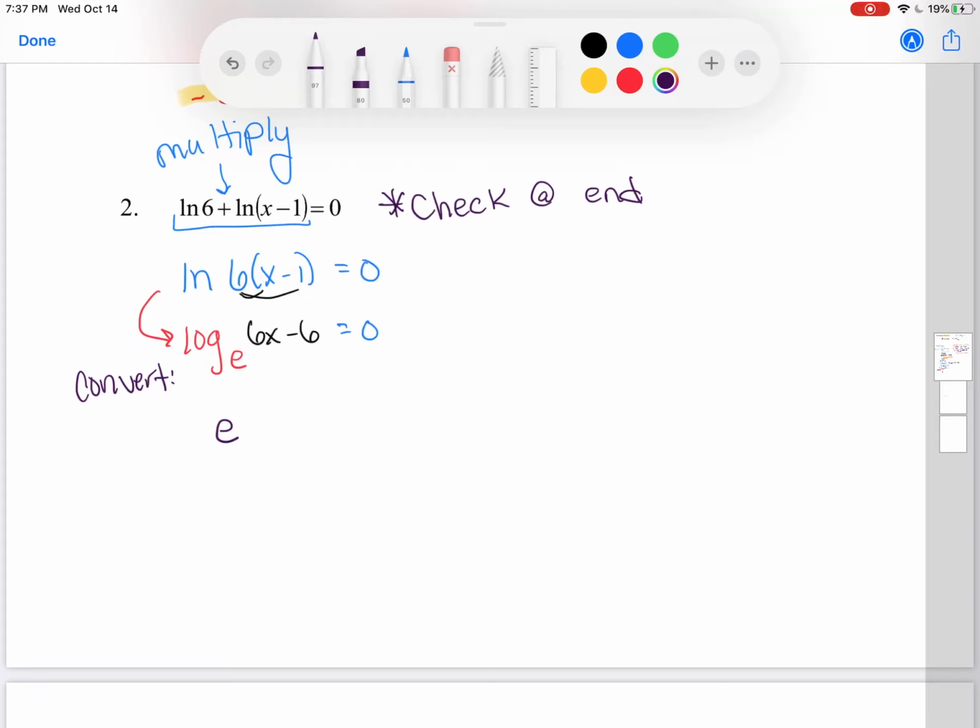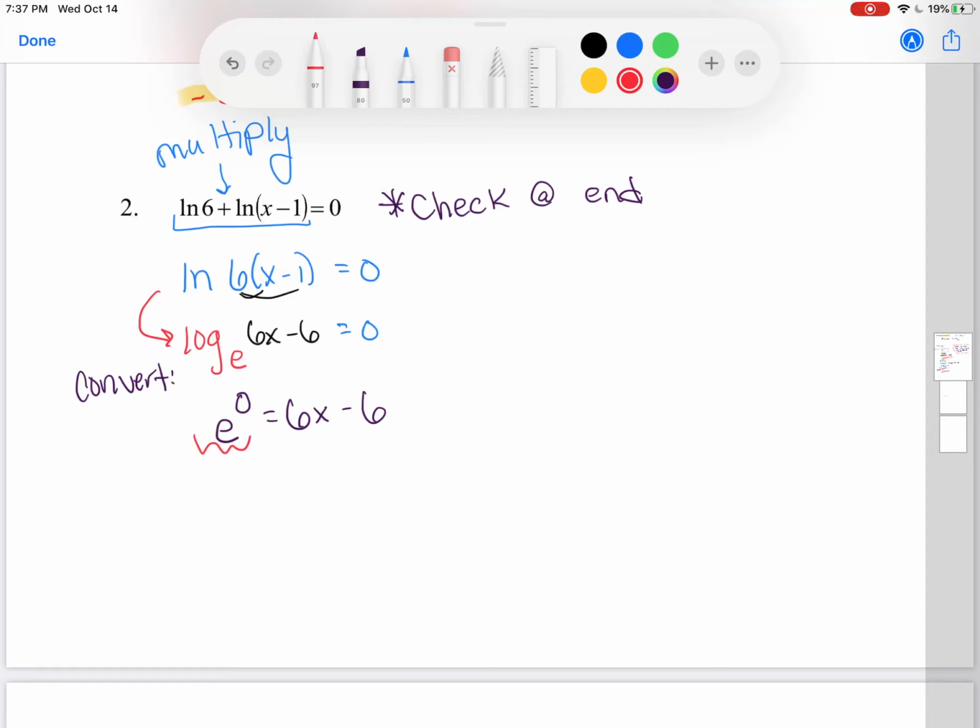So I have a base e that's now going to go into the base of my exponential form. And then 0 and 6x minus 6 are going to switch sides. 0 now goes to the left, and 6x minus 6 will go to the right.